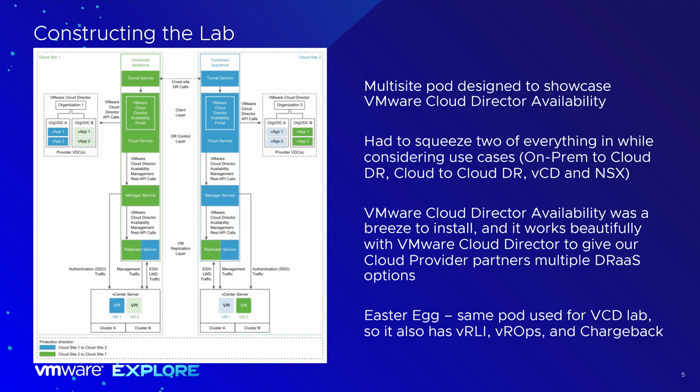Both of the separate pods were already pretty big, and this year's pod is pretty big also, but it's not quite twice the size. I think it's about 2.2 terabytes of storage, and it eats up around 260 gigs of RAM when it's running. So the core team hates me, but I was happy to get all that in there so we could get not just the VCDA lab, but also the other VCD labs back.